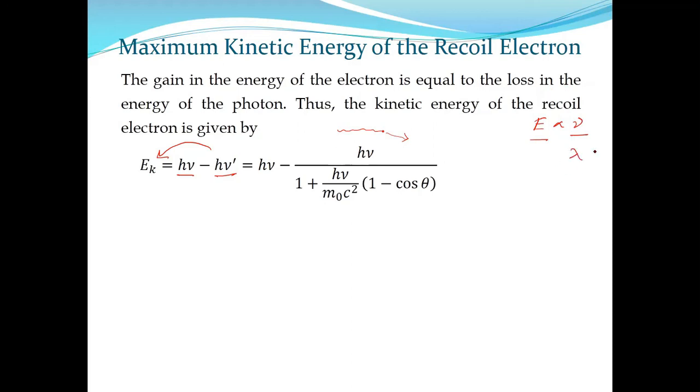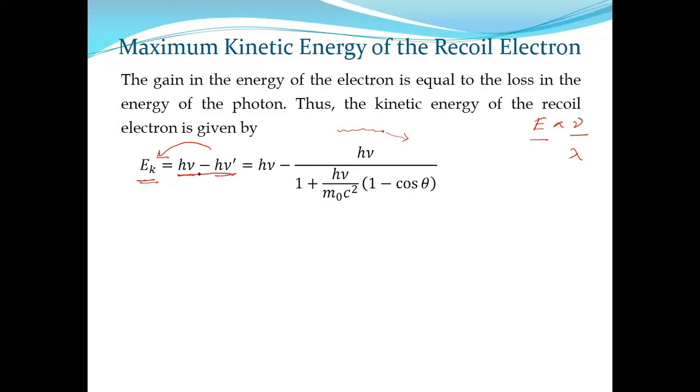That is the reason in the Compton effect the frequency decreases and the wavelength increases, because the photon loses some of its energy, which the electron or the atom gets as its kinetic energy. Therefore, the kinetic energy of the electron is just estimated from the loss of energy of the photon.